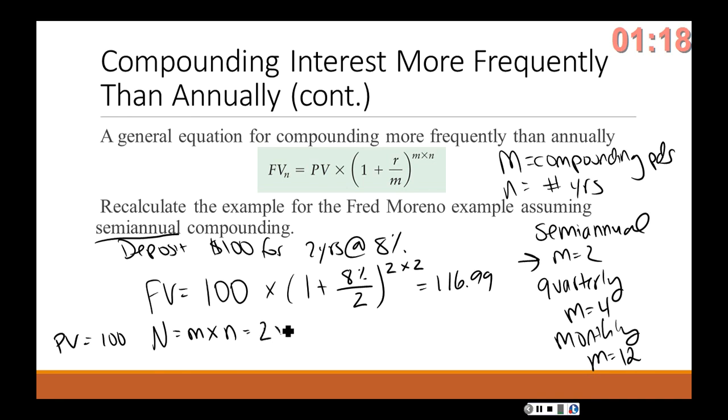So it would be 2 times 2, which is 4. And the interest rate that you would enter would be the stated rate divided by the number of compounding periods per year. So that would be 8 divided by 2, and you would get 4. So you can enter these into your calculator. Again, the payment is 0, and we're solving for the future value.